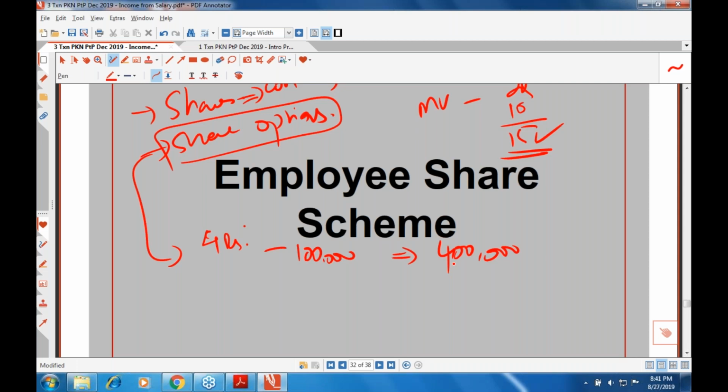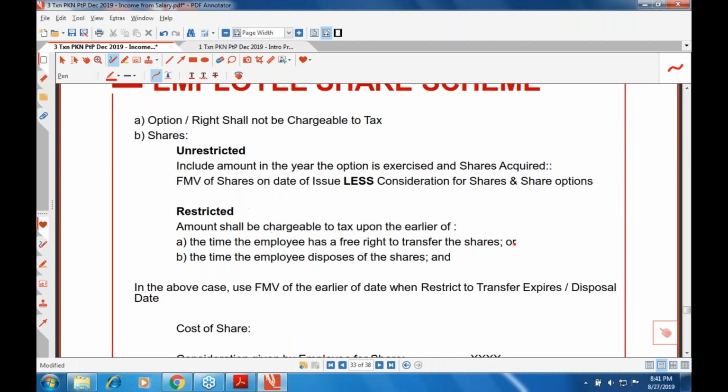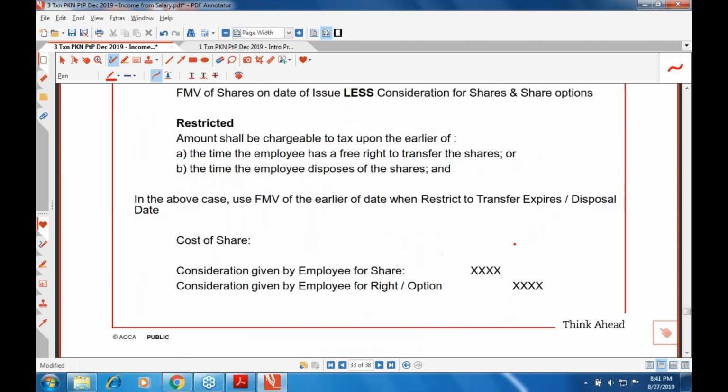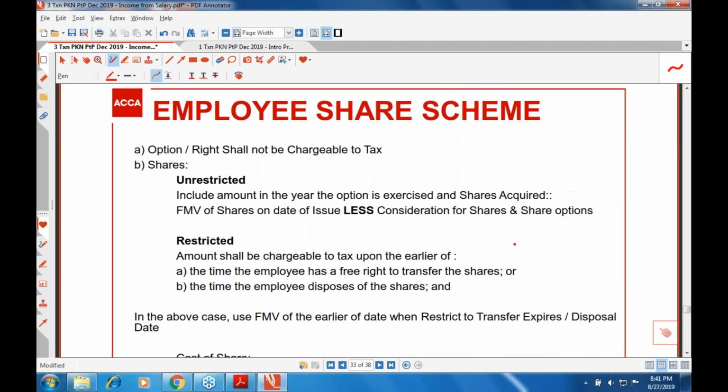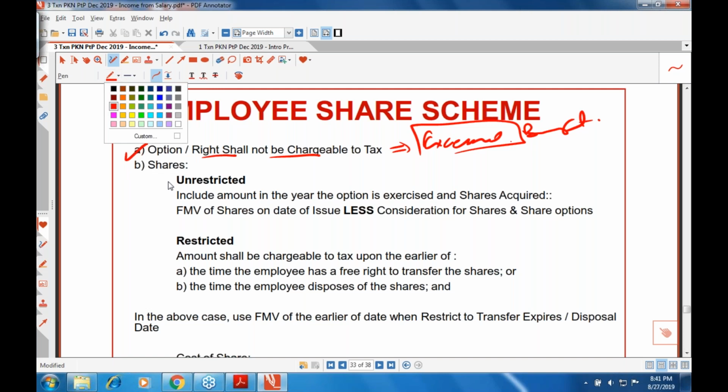So basically, the type of shares that we give. The first thing is the option shall not be chargeable to tax, but if the option is exercised, then that's a benefit paid to the employee. Number two, if you give your employees shares, then the shares are of two types.